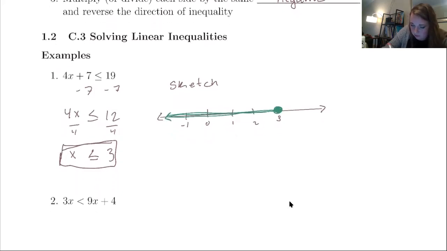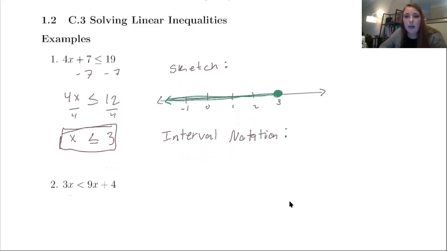Do you guys remember? Interval notation, absolutely right, Jaden. Interval notation. And you guys will be asked to write solutions. Yeah, and I think Ronald forgot a negative infinity.